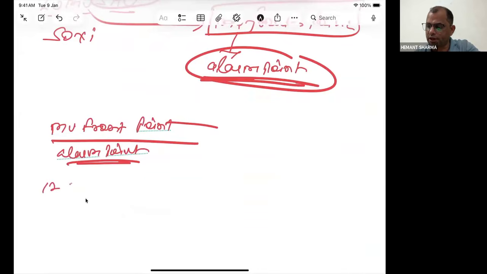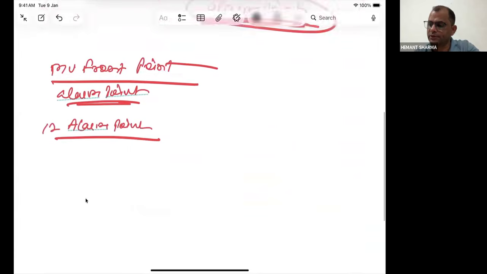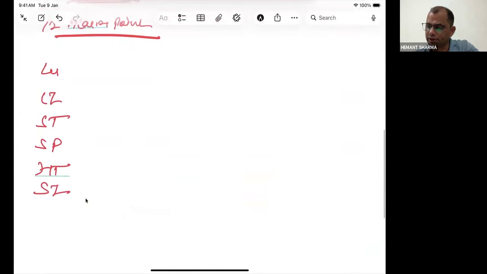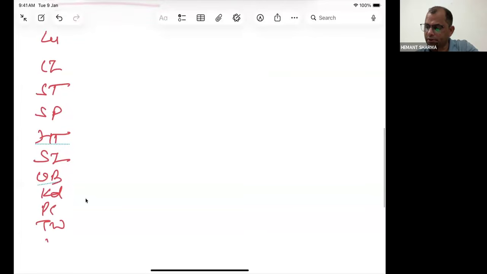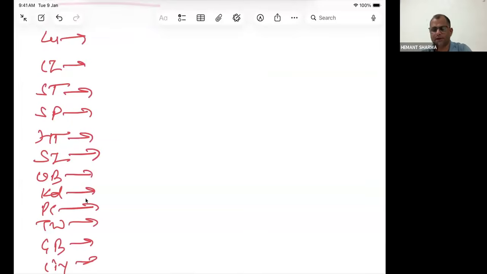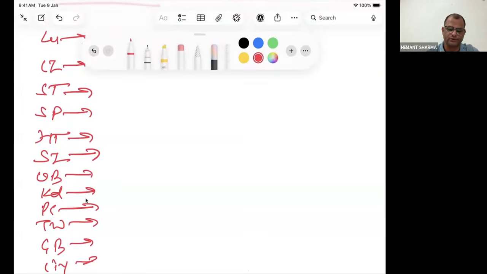There are a total of 12 alarm points. We have the lung meridian, large intestine, stomach, spleen, heart, small intestine, urinary bladder, kidney, pericardium, triple warmer, gallbladder and liver. Every meridian has one alarm point.